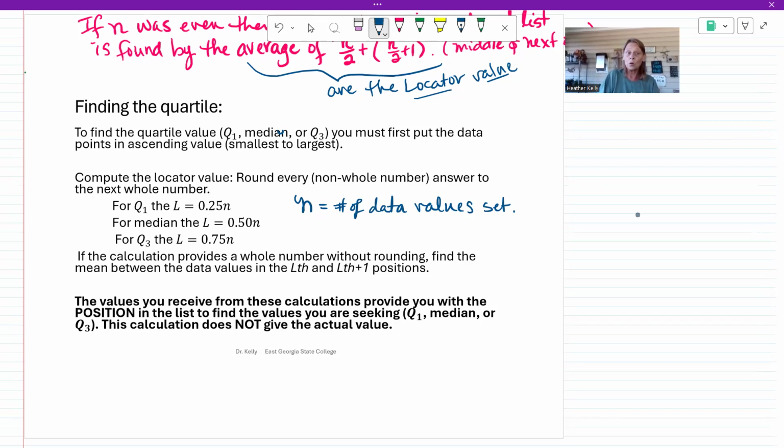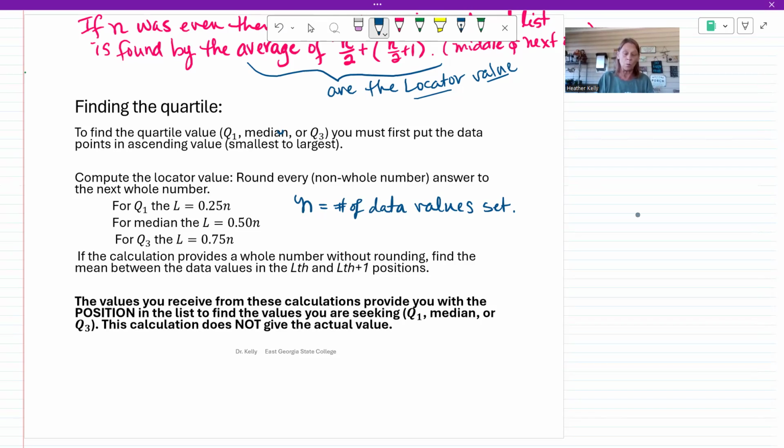So for the Q1, we take 0.25 times the number of values in the set, and that gives us the position on the ordered list of where we can find that answer. Okay.